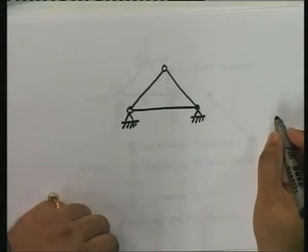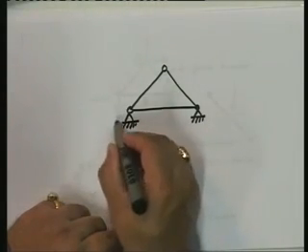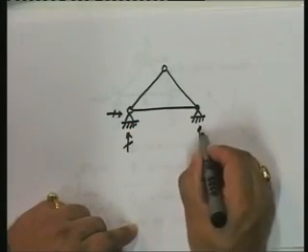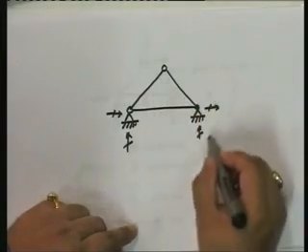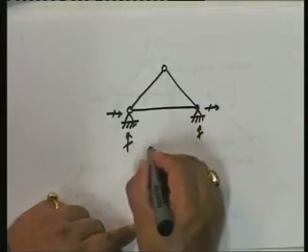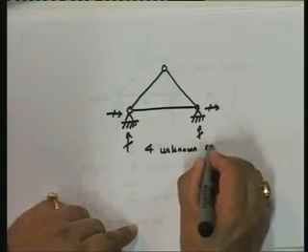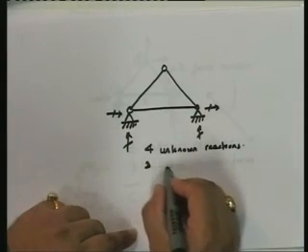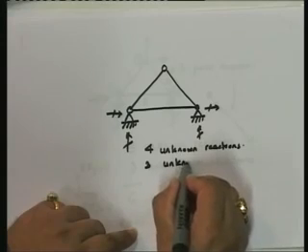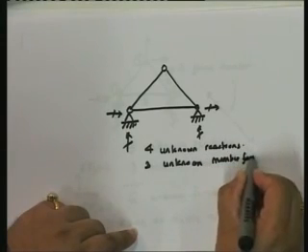This structure. What happens here? How many unknown reactions? 1, 2, 3, 4. Then there are 4 unknown reactions, and of course the same 3 unknown member forces.